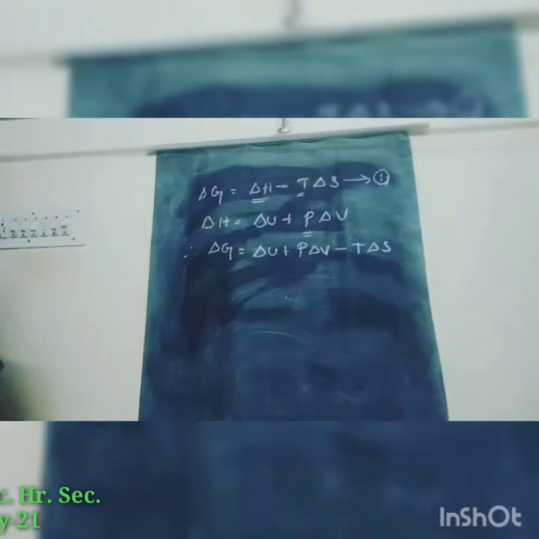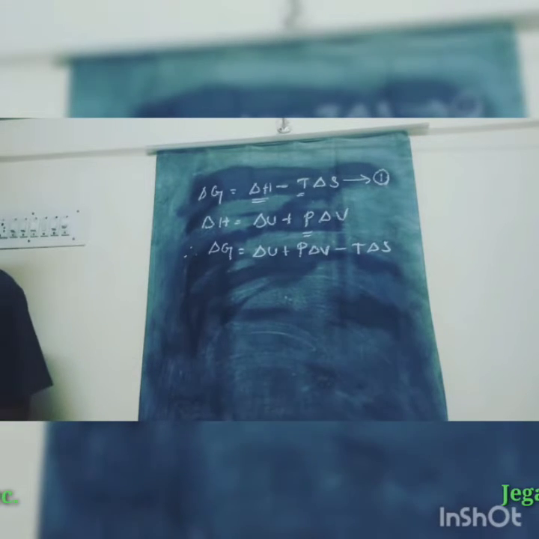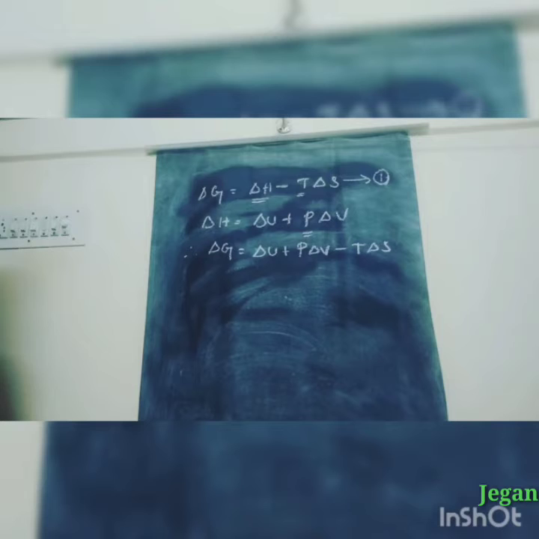And then, from the first law of thermodynamics, if work is done by the system. First law, second law, third law, you already know. Here work is done by the system, not on the system.